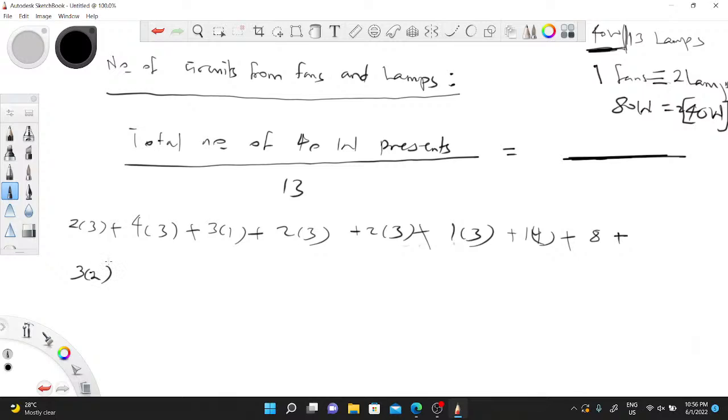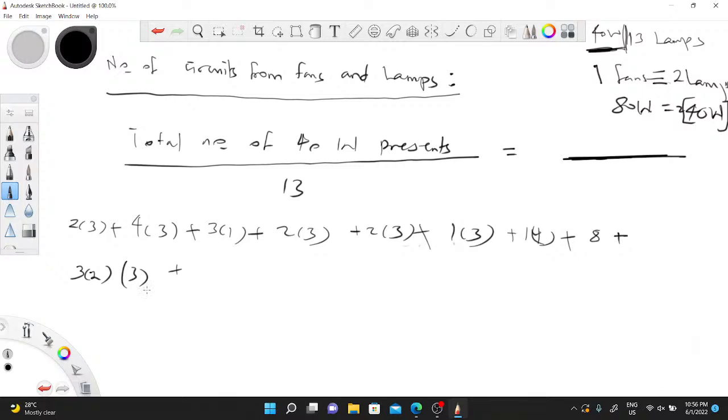So 3 80-watt fans is the same as having 6 40-watt lamps. And then I multiply by the total number of living and dining rooms we have. We have 3 living and dining, so times 3 again.